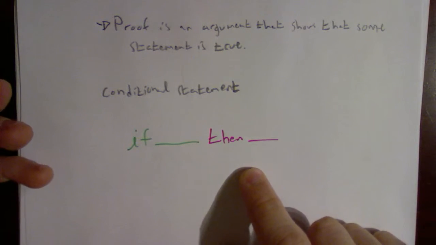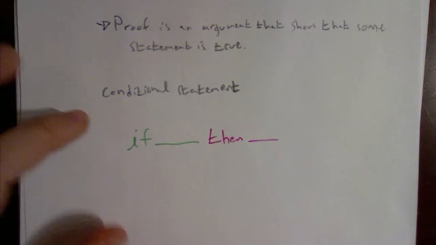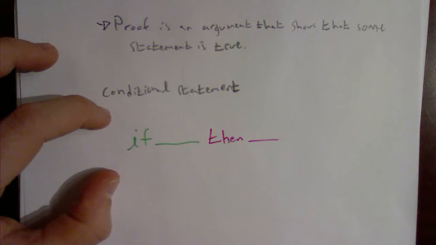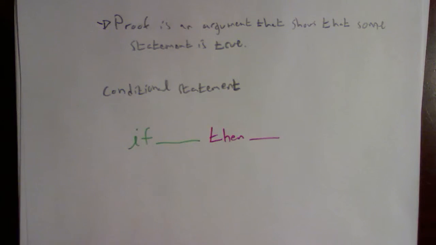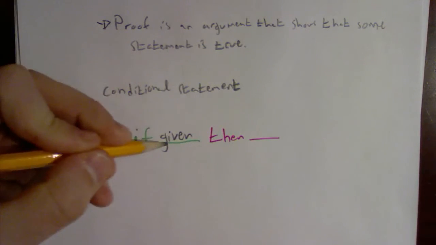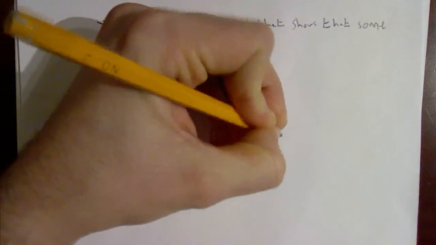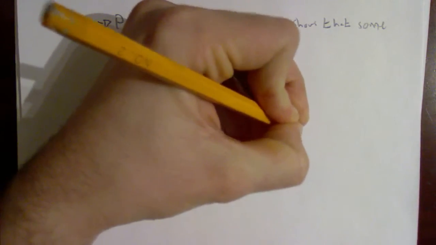that first thing. Now, when we're looking at conditional statements, they're not always going to be in this exact form, but they're always going to have these same parts. They're always going to have if some given, something that you start with, then you'll end up with some conclusion.